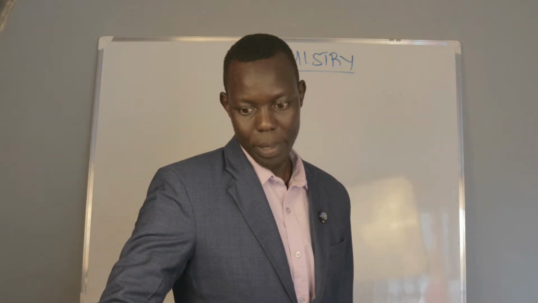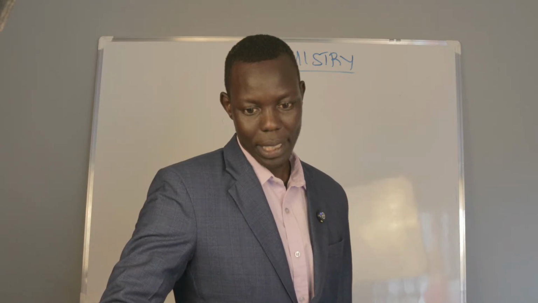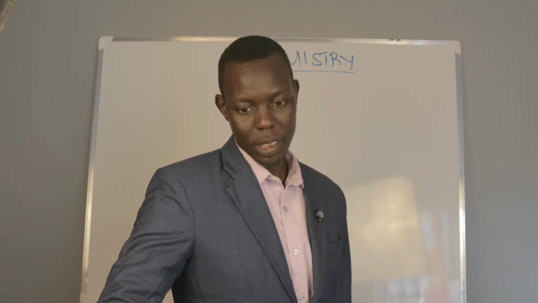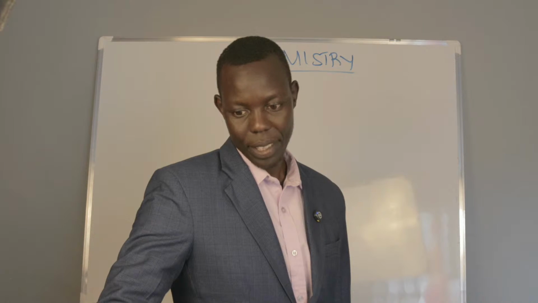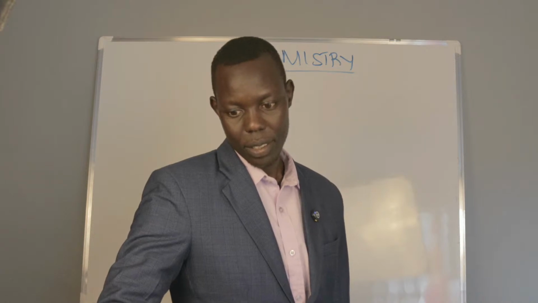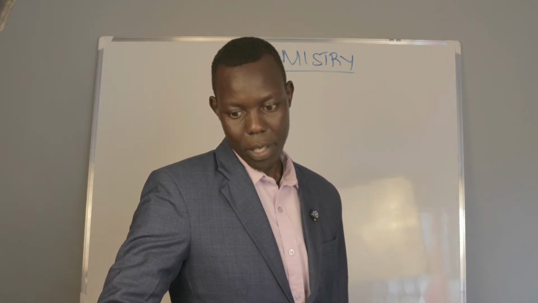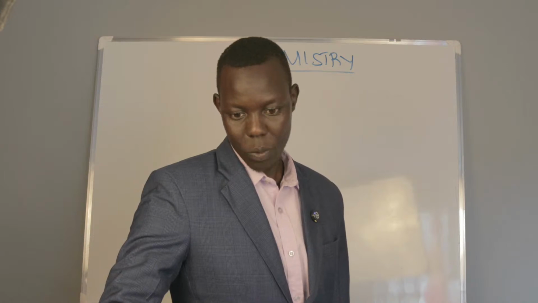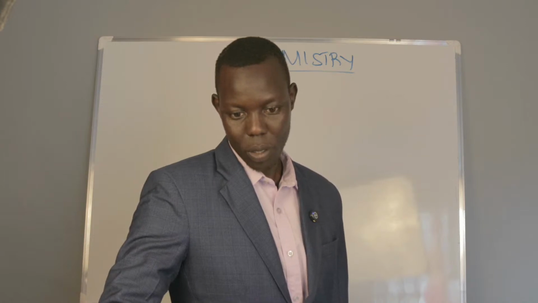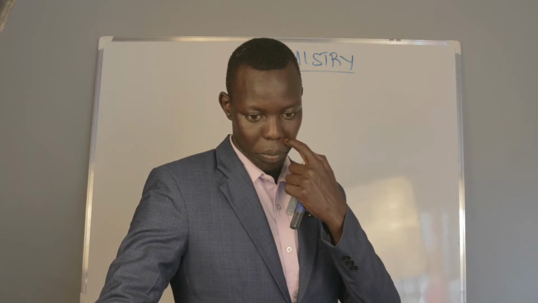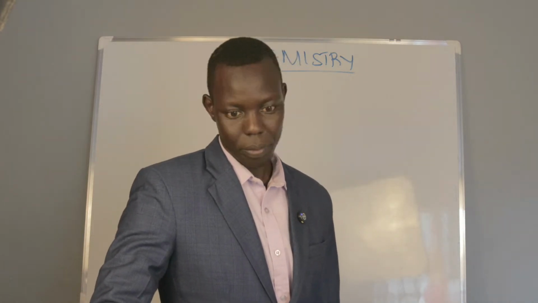For the next 20 minutes, we learn how to write chemical formulas and chemical equations. Riri says you are breaking. I think it's the network issue. Okay, it can be the network.